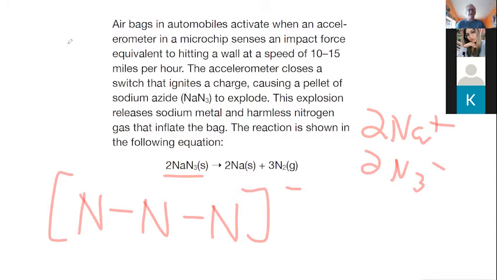And so how many electrons should there be in an azide anion? Total electrons. How many valence electrons are we dealing with here? How many does nitrogen typically have?